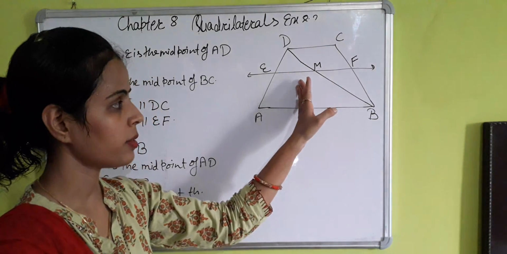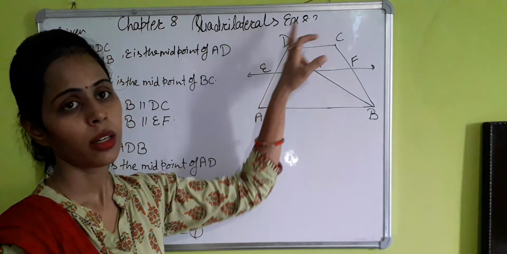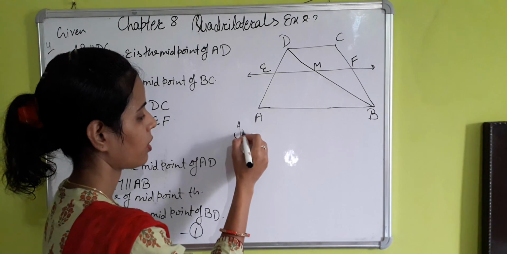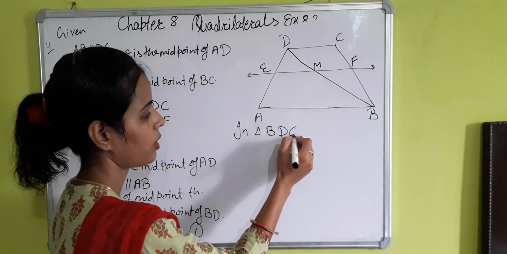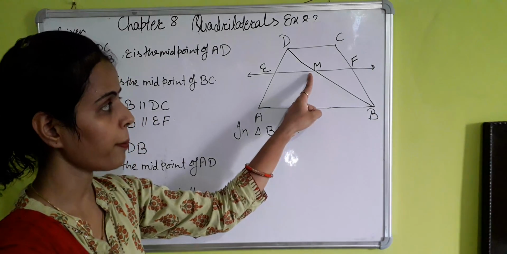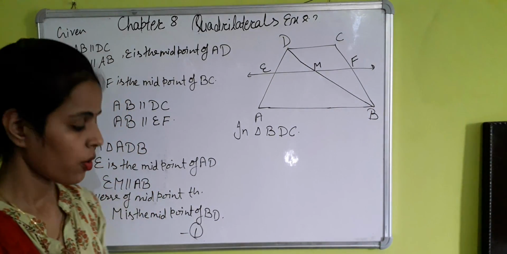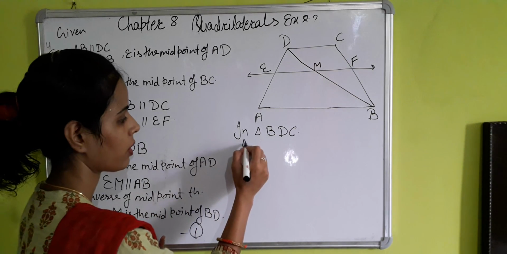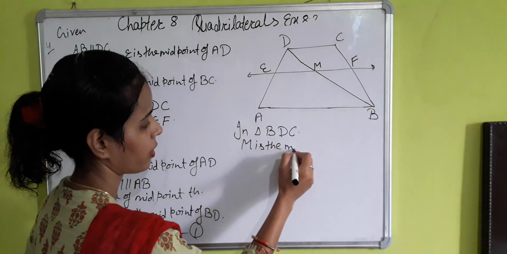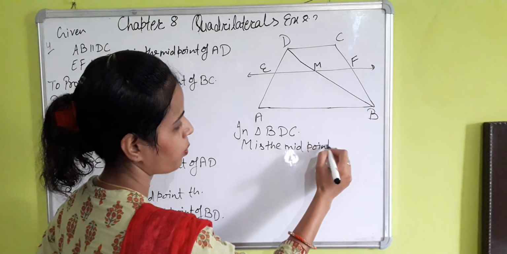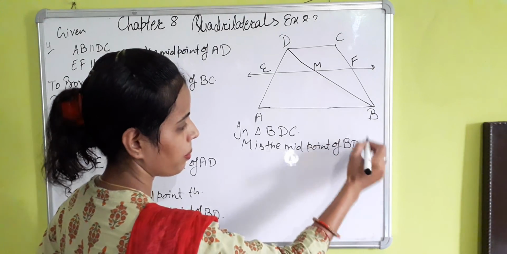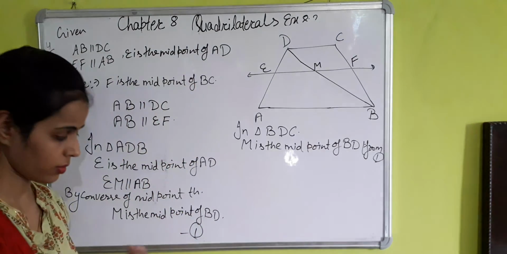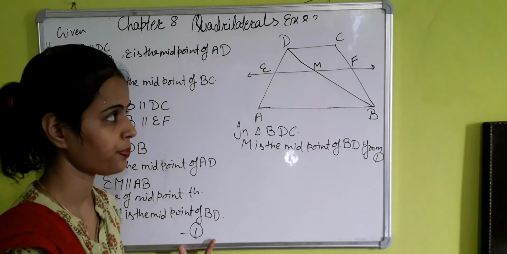Now take this triangle BDC. In triangle BDC, M is the midpoint of BD. We have already proved in equation first that M is the midpoint of BD.